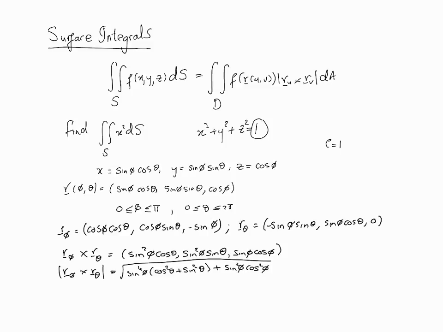Cos squared theta plus sine squared theta is going to be 1. So that's going to give us, sine squared phi is common, because this is going to be 1. So just take that sine squared phi out, and you'll be left with, again, sine squared phi plus cos squared phi, which is again 1, so that's just equal to sine phi in the end.